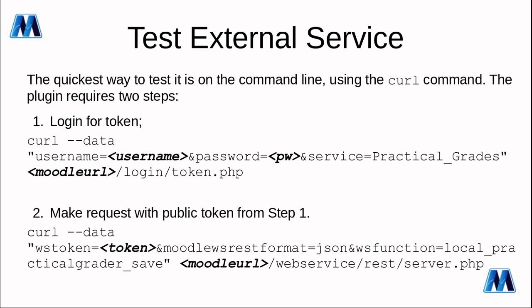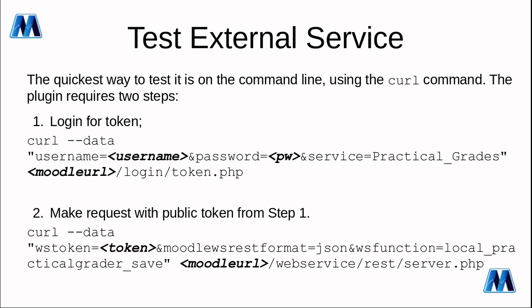Now, if you're on Windows, I understand you can actually install curl, or there's something similar on Windows that you can use, or you can use a web-based tool that will allow you to test web services. Okay, and what you're trying to pass through is the username, the password, and a parameter for service, which is our practical underscore grades, and we obviously send that request to our Moodle URL.